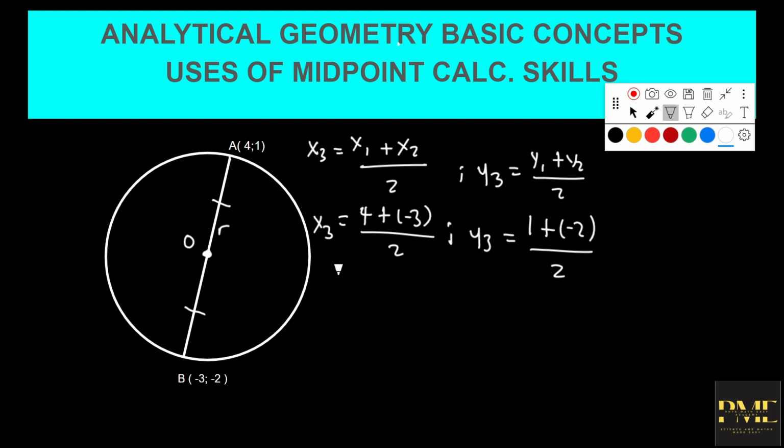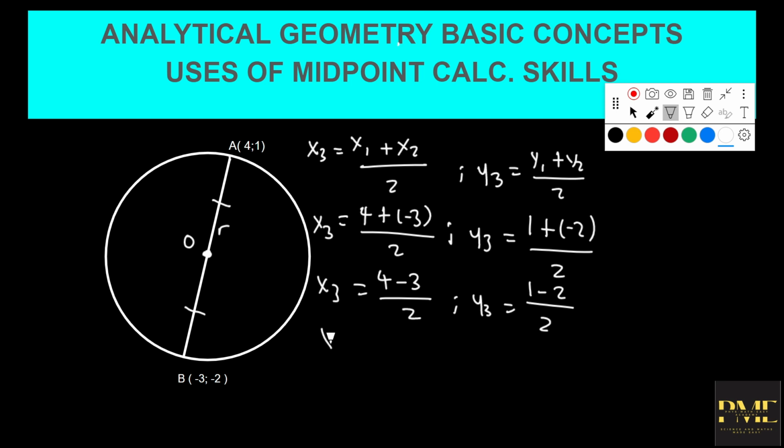After this we're going to multiply our signs first. Positive multiplied by negative will give us a negative because our signs are different. Again the same thing here, positive times negative will give us a negative, so it's 1 minus 2 all over 2.